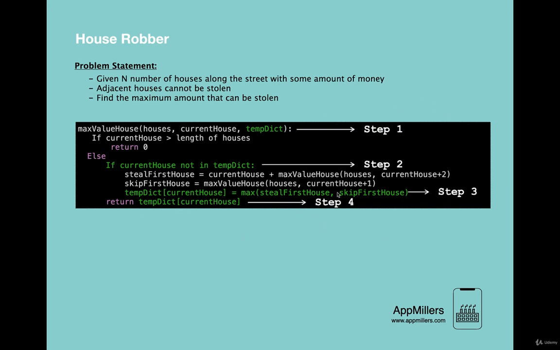These are the 4 steps that we implement on the divide and conquer algorithm to convert it to the top-down approach of dynamic programming. With this, we have completed our top-down approach algorithm. Now let's see how this temporary dictionary gets filled in case of the house robber problem. If we carefully observe this temporary dictionary, then we can find the solution for the bottom-up approach.